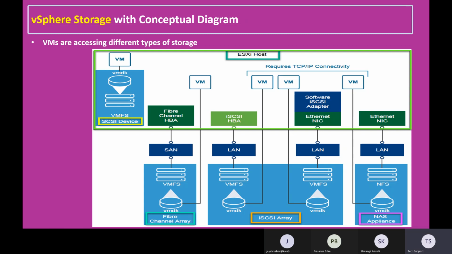Before I move on to the storage comparisons, let me know if you have any questions, because it's a very important concept. Once you understand this conceptual diagram, it's easy to deep dive into all the concepts.